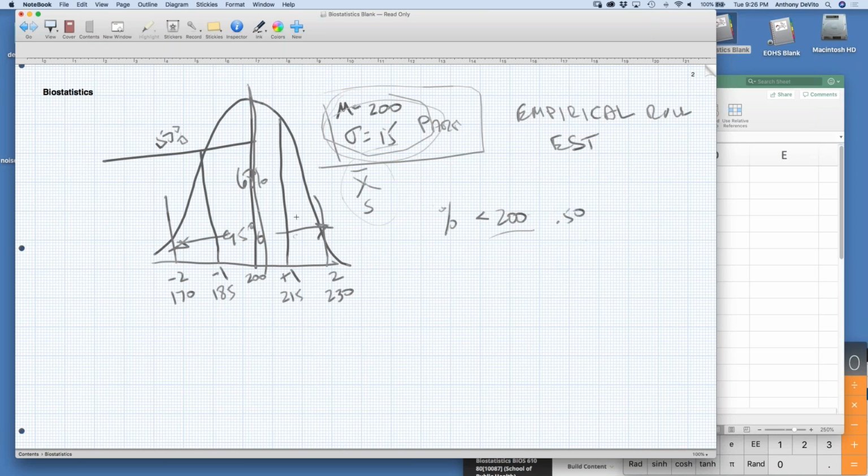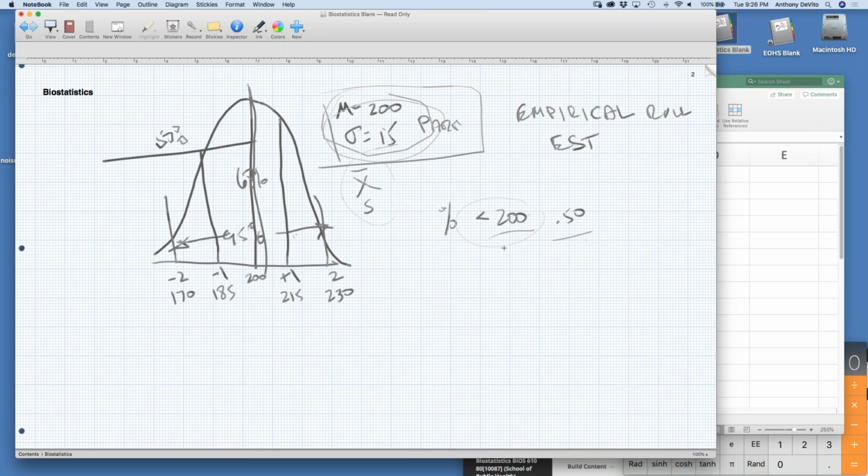Okay, the other way I can talk about this is if I selected one random individual from this population, what's the probability that their score would be less than 200? And that would be 50%. Since half the people have scores less than 200, the probability of picking one of those people is 50%.